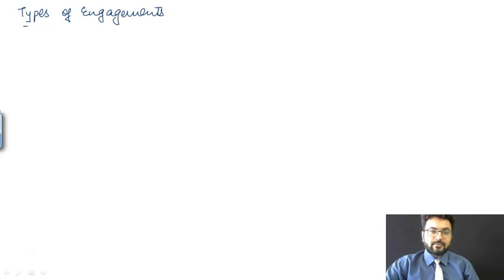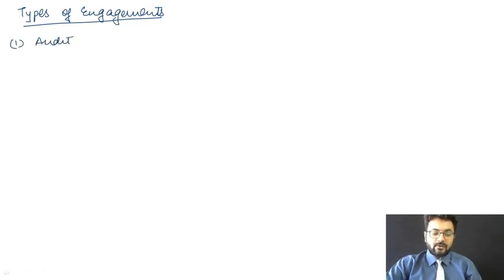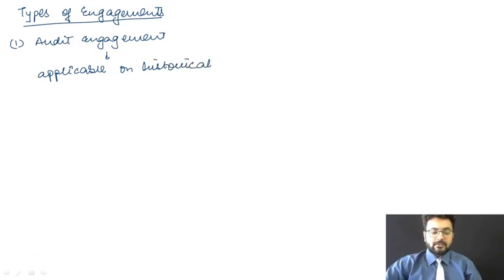There are so many types of engagements which are involved when it comes to those kind of things. So the very first is audit engagement. That is known as audit engagement. This audit engagement is applicable on historical financial information.